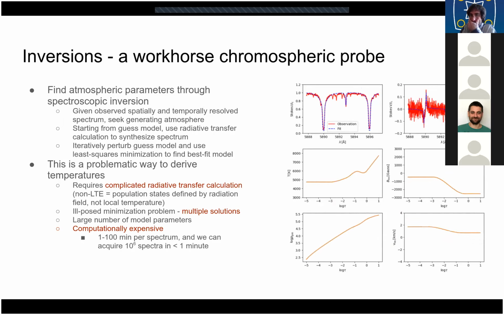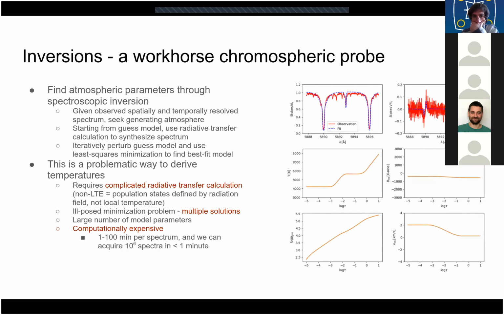And an inversion is, as the name might suggest, an inverse problem, quote unquote. So essentially, you're taking the value of an observation and trying to find the combination of parameters along your line of sight that produce that observation.